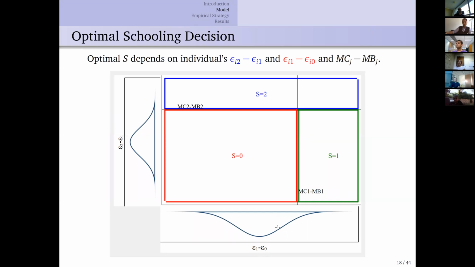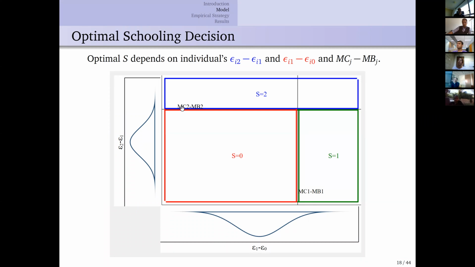And so the nice thing about this model is that you can draw a simple rectangle to show which individuals are going to choose which level of schooling. So you have on the y-axis the first type of error term, epsilon 2 minus epsilon 1. On the x-axis, you have epsilon 1 minus epsilon 0. And then these two vertical and horizontal lines are your two cutoff points.